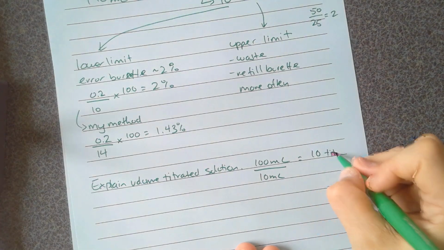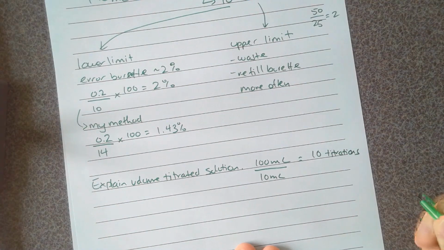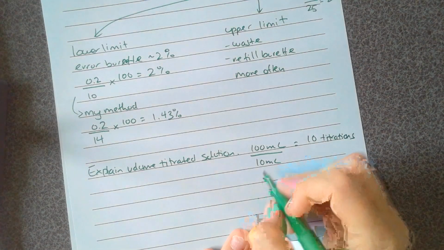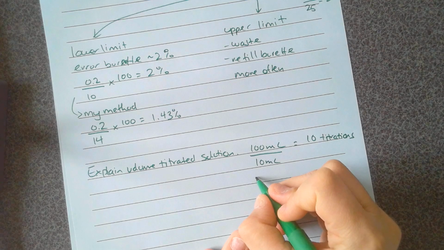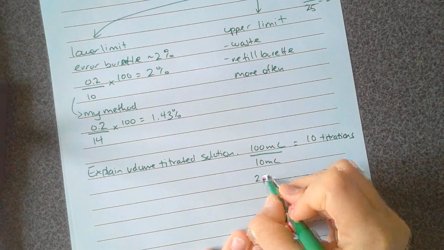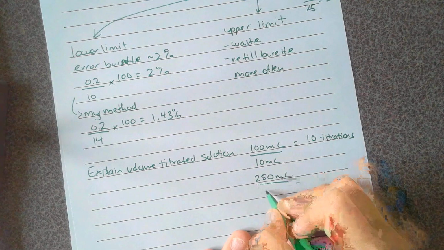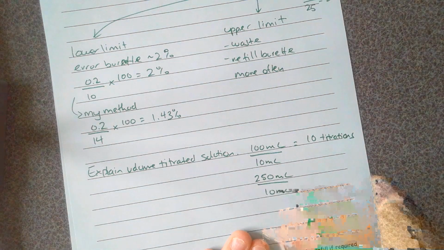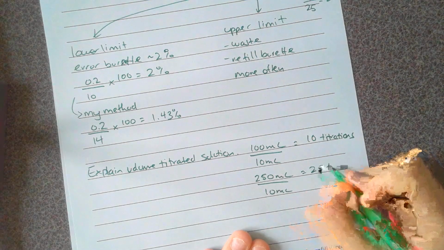Yes. Is that good? Because then I can do lots of repeats. If I did 250 and I only had 10 mils as my dilution factor, I would have 25 titrations.